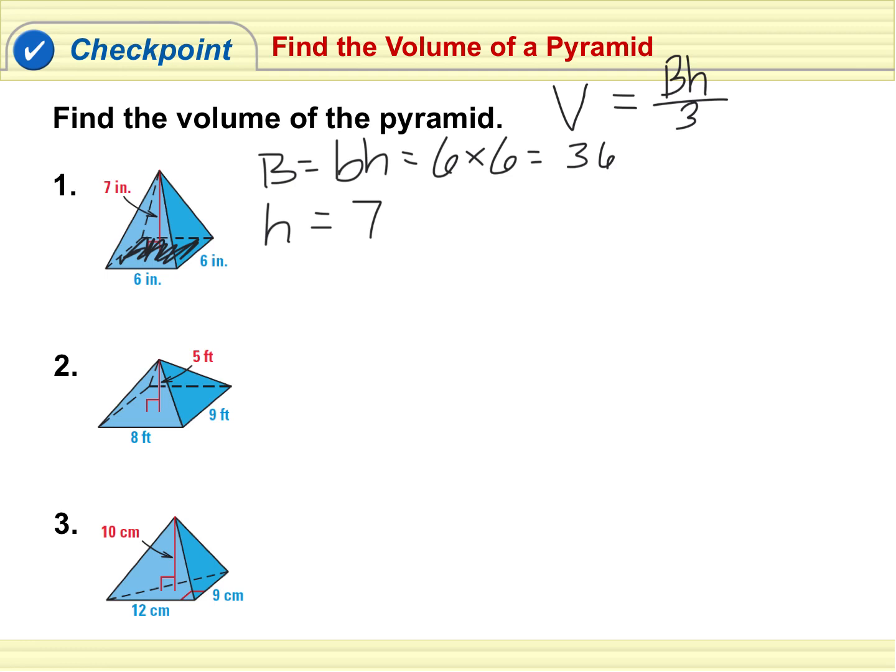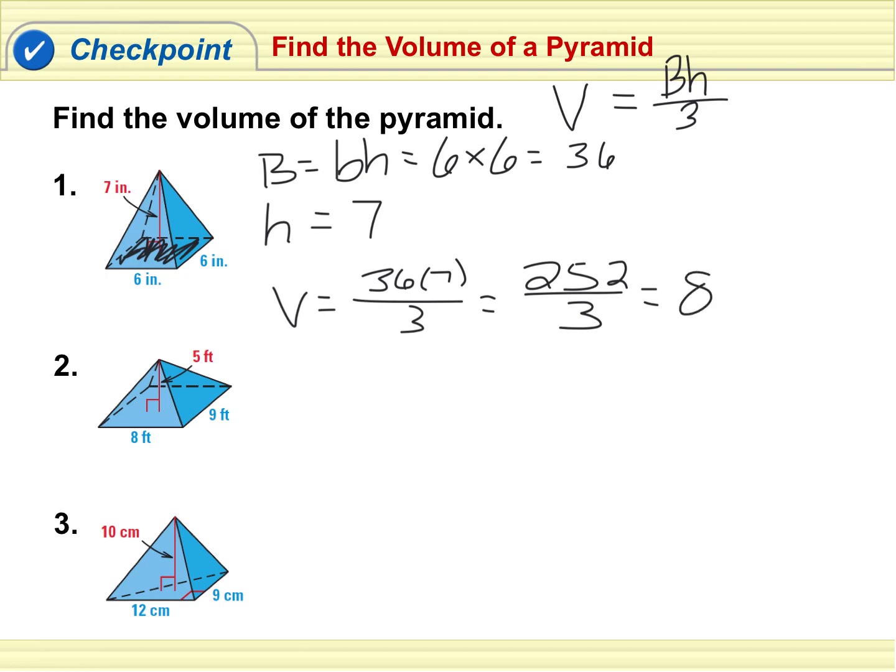Now we want to find the volume. So we take 36 times 7 divided by 3. What's 36 times 7? 252. Thank you. 252 divided by 3 is 84 what? Inches cubed. Good.